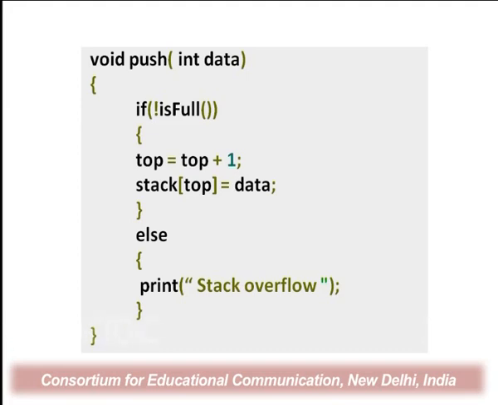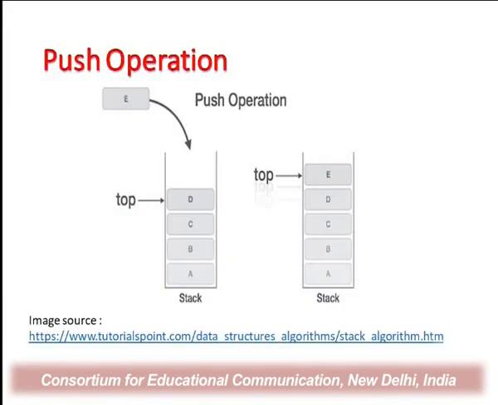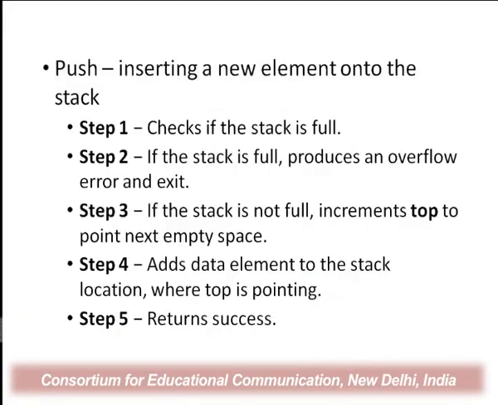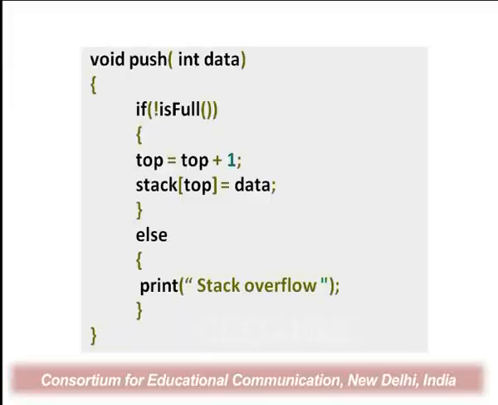So, that means data has been pushed, in a similar manner as E was pushed onto the stack as shown in the previous figure. Otherwise, it will print the stack overflow status and exit. So, this is the push operation of the stack.